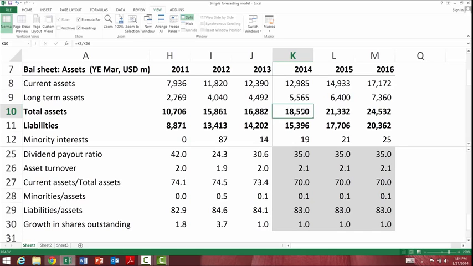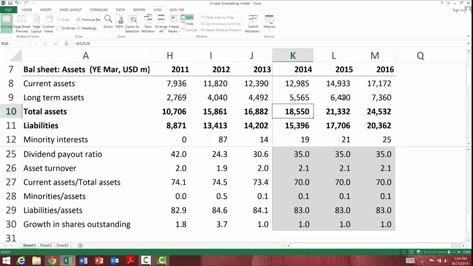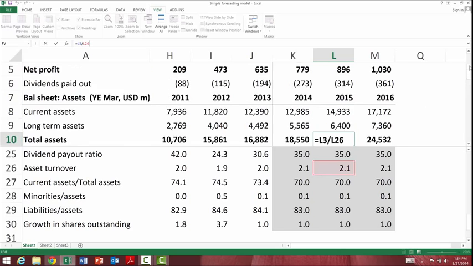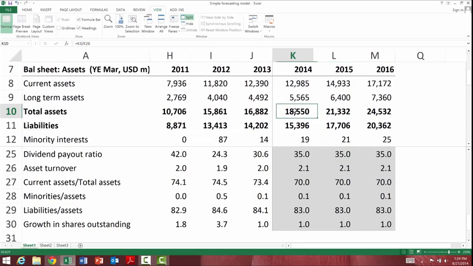So then all I have to do in that case is I've forecasted the growth in revenues. Now I bring that ratio into play and find out the relationship. There I go, and it's related to the sales, and then from that I can predict what roughly the total assets are.